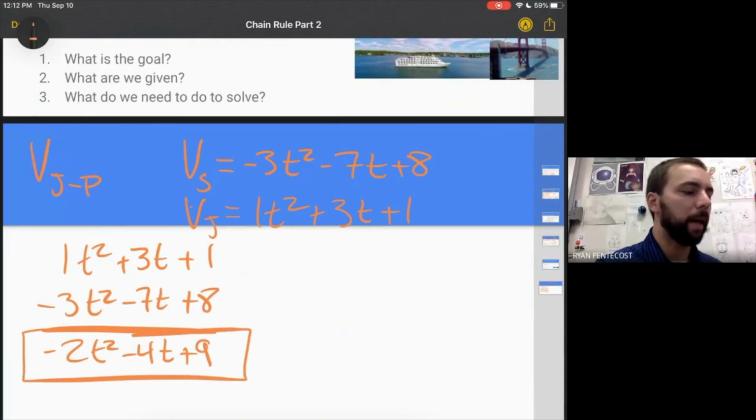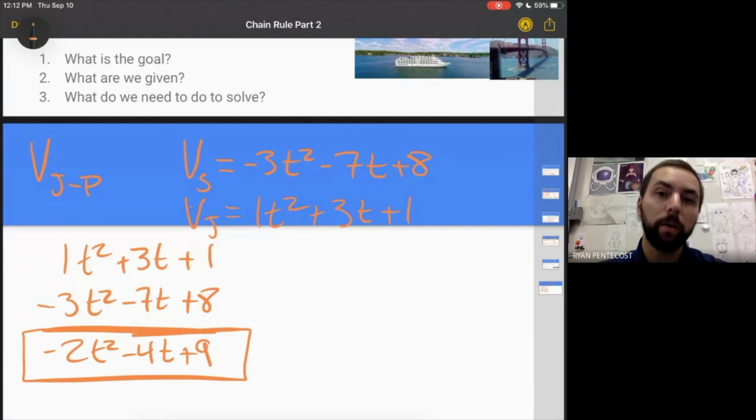The reason that works is because we already have the equation of Joe's velocity. Joe is running at the pier with that function 1t squared plus 3t plus 1. But the ground, the literal surface he is running on, is moving backwards at that negative 3t squared minus 7t plus 8.